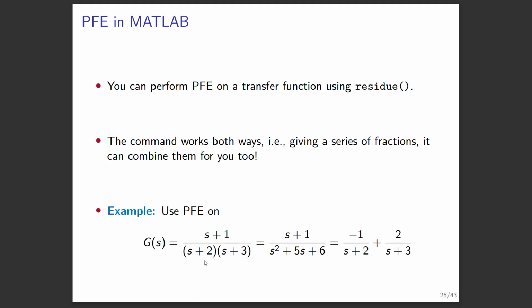I want to find the numerators of the terms that come out of partial fraction expansion when I apply it to this equation. So I can break this into s plus 2 and s plus 3 terms, and the numerators are going to be -1 and 2. Okay, how do I formulate this in MATLAB?